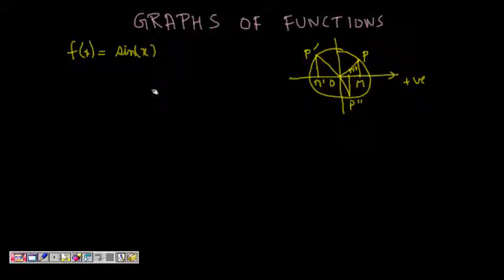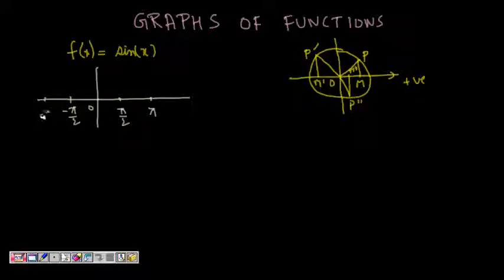So we will now try to plot the function sin x. Even though most of you will know what the plot looks like, we will plot it so that you never forget. The important values are 0, pi by 2, pi, and minus pi by 2 and minus pi.